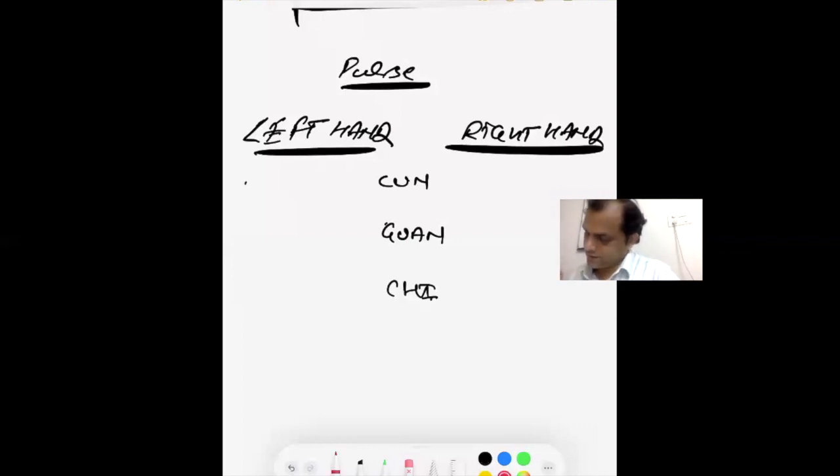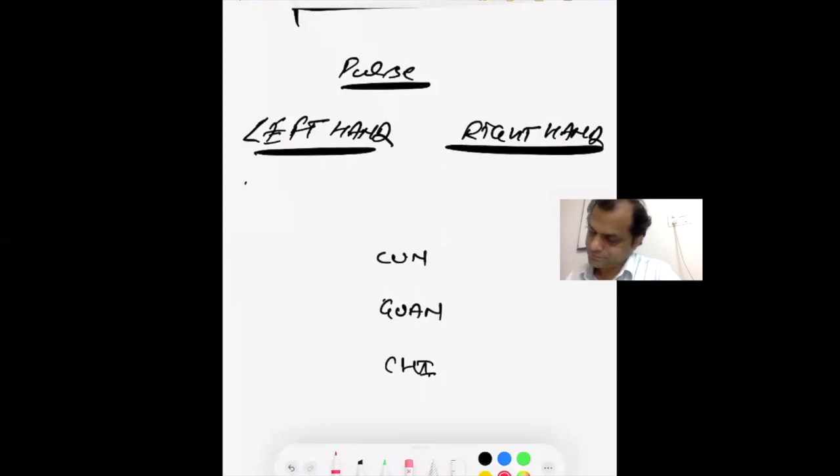Then we are having two conditions. Superficial pulse or upper pulse and deeper pulse.